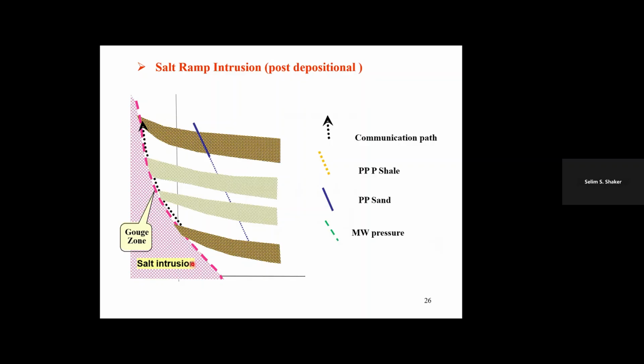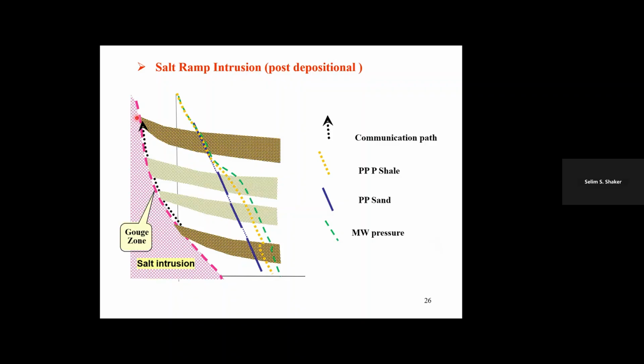So the salt cuts through, and most of the bad ones come from the salt history, the relationship between the salt emplacement and displacement. This needs to be studied before we drill in a salt basin. When the salt came in and when the salt comes out.